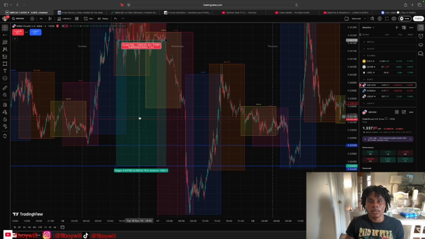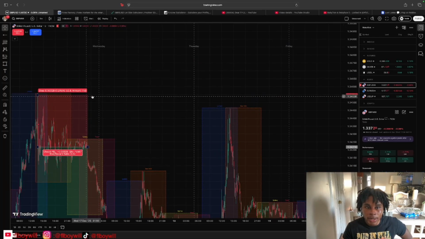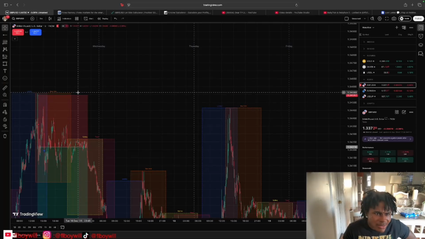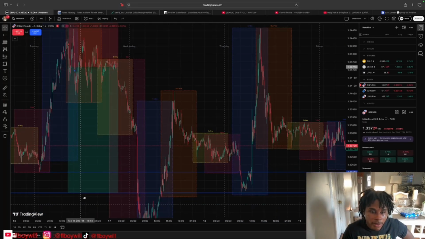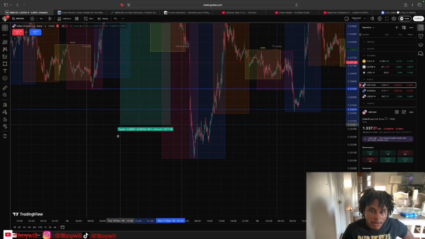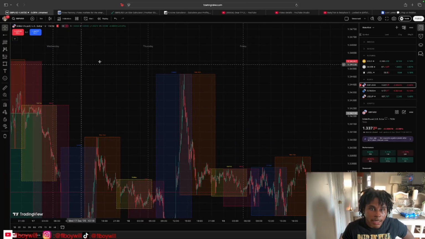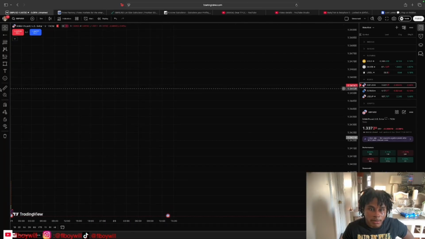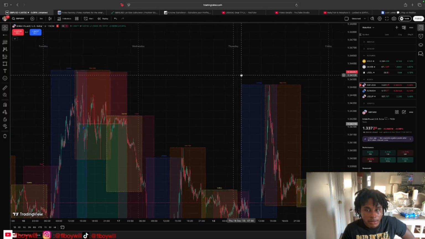You made some money off this, above this, and you wouldn't have got stopped out. Even though you hit this, if you would have put your stop lower than this, like under here or something, you still wouldn't have got stopped out. Yeah, you still wouldn't have got stopped out.